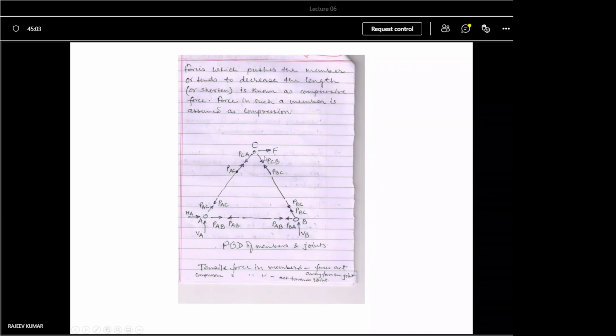You have to see it this way, not that way, because here we are removing the joints, not showing them. The joint is there, but the force is away from the joint, indicating the point, and these points you are not showing.